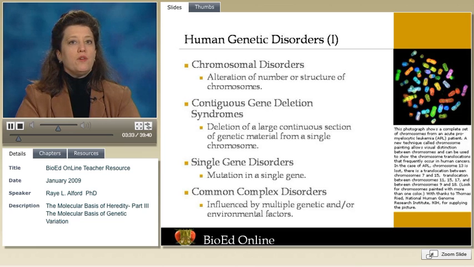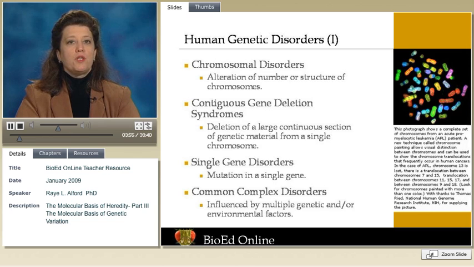Single gene disorders occur when a mutation is present in a single gene. The symptoms of the disorder are typically tied specifically to the function of the altered gene. Examples of single gene disorders include cystic fibrosis, Duchenne muscular dystrophy, Fragile X syndrome, and Huntington disease.